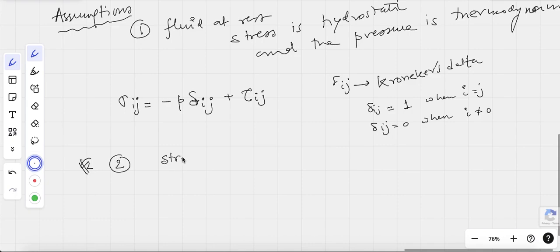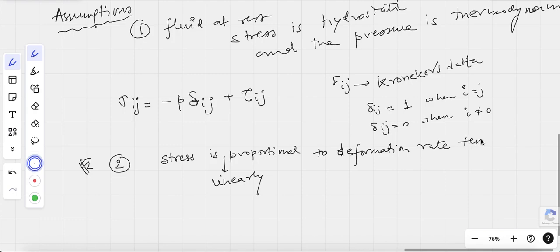Stress is linearly proportional to the rate of deformation, the deformation rate tensor.